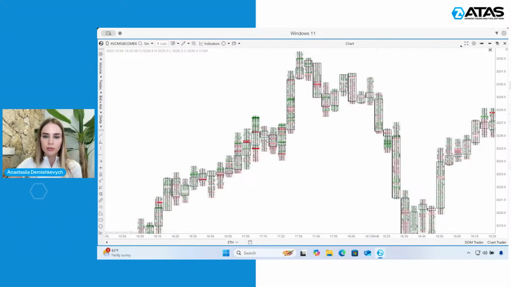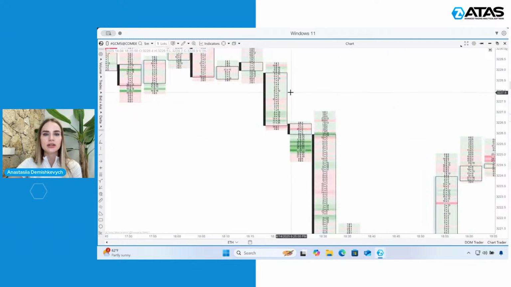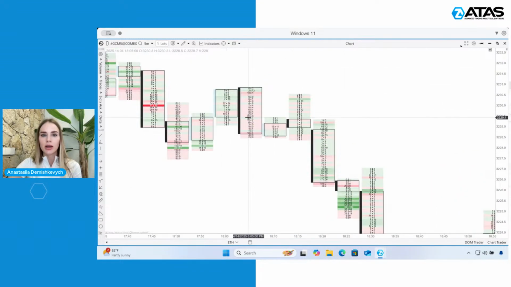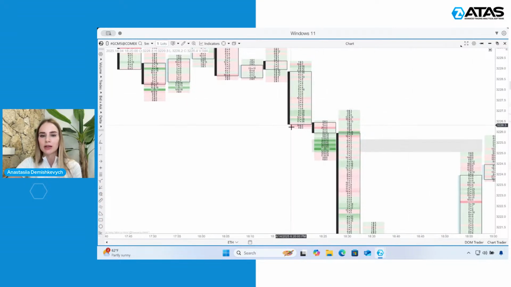This is an example of absorption that we talked about earlier. We see that the price is dropping aggressively. And inside of the bearish candles, you see the bright green zone being created. Why the bright green zone? Well, because when the price is dropping, buyers are trying to buy back.